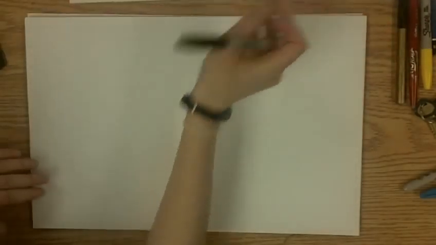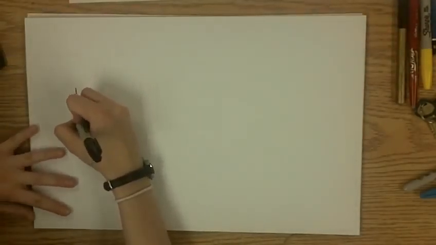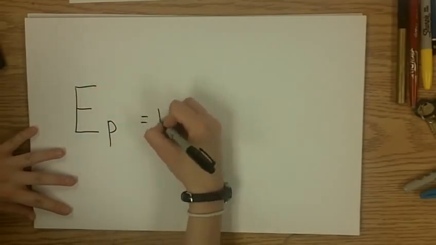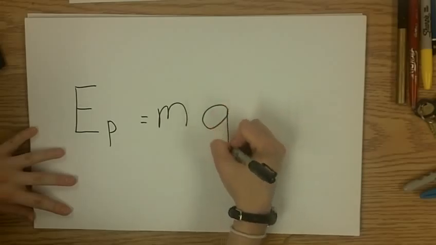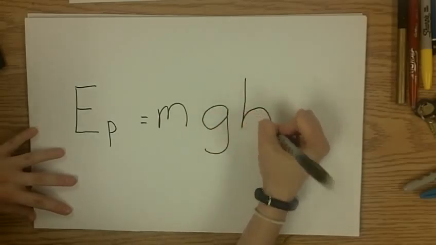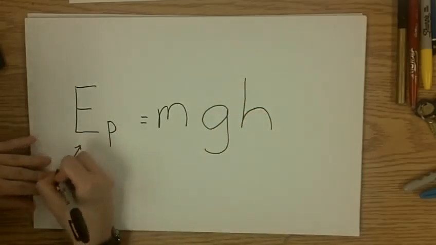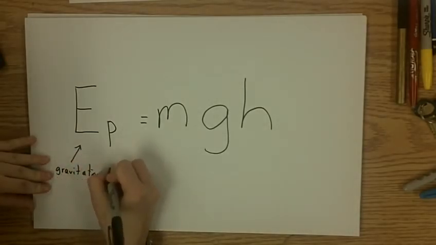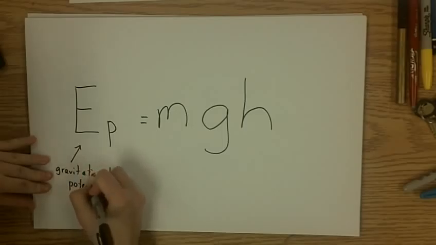The formula for gravitational potential energy looks like this. EP equals mgh, where EP is gravitational potential energy.